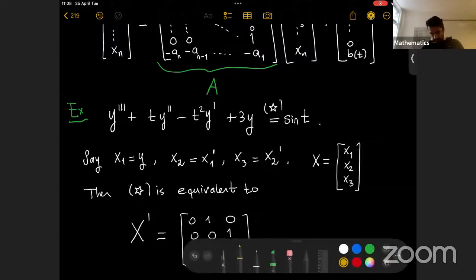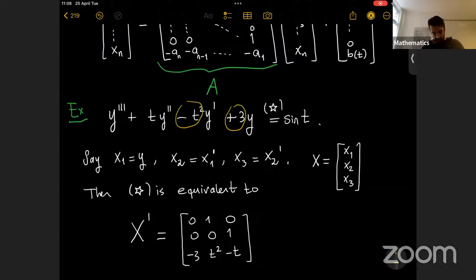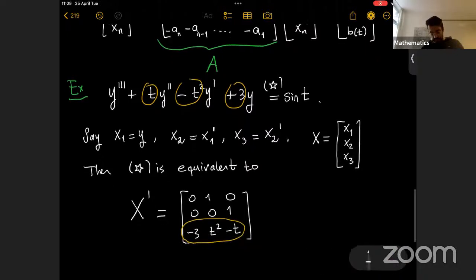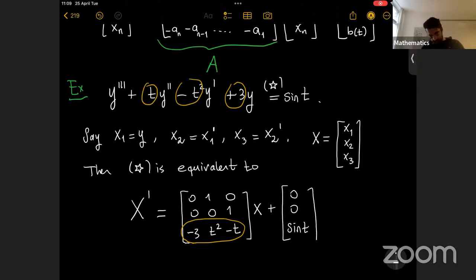So we use these coefficients, right? 3 here, this is an minus 1, an minus 2, and so on, to write down this row, right? And times x plus 0, 0, b of t, where b of t is sine t. Is it clear? Any question?